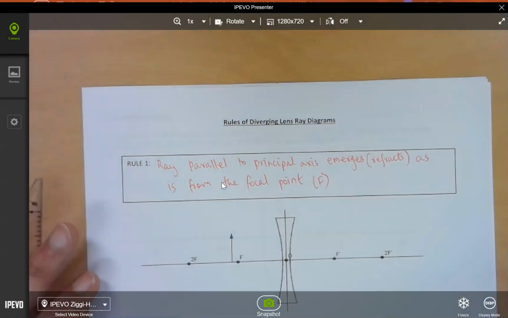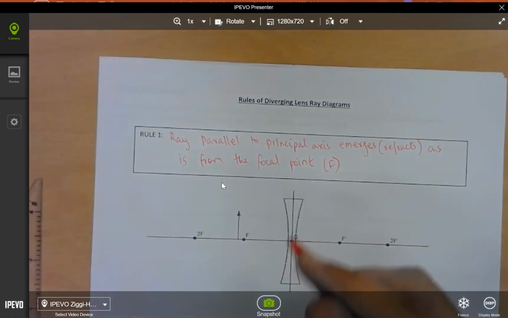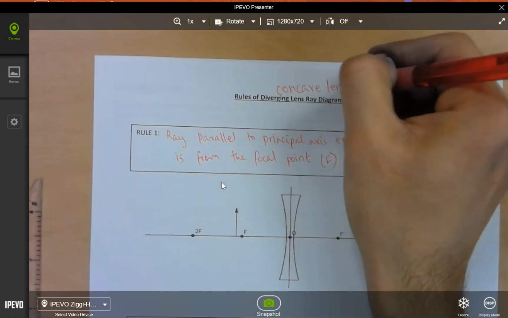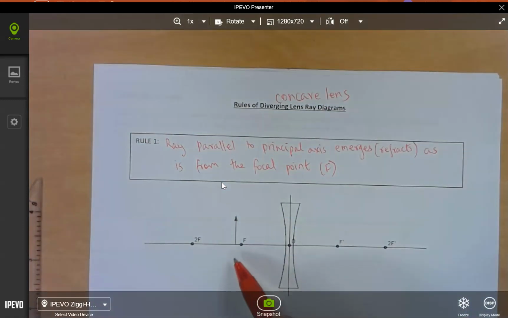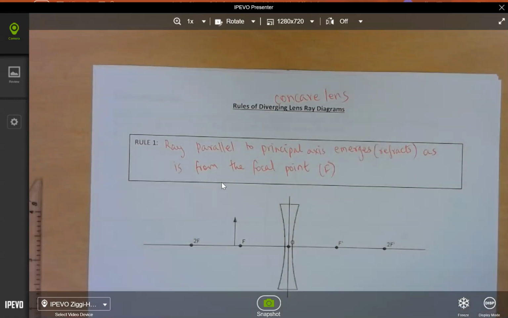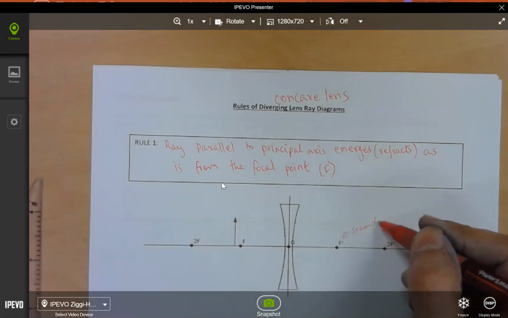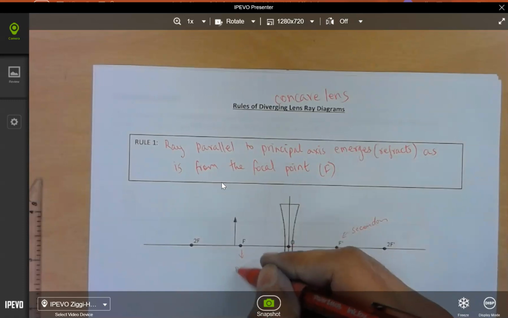And notice here, Daniel especially, that the F and F prime are switched, right? For a concave lens, the F is on the same side as the object. The F prime is on the other side, because this is the primary focal point. So that's prime and that's secondary? Yeah. So for a concave lens, it's flipped. So F prime is the secondary focal point, and F is the primary focal point.